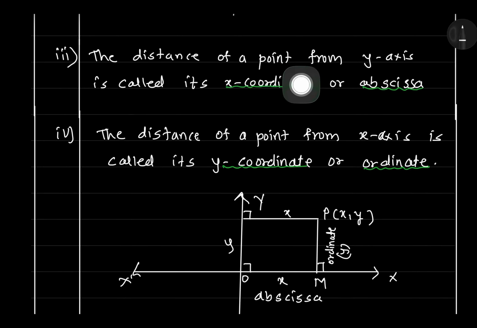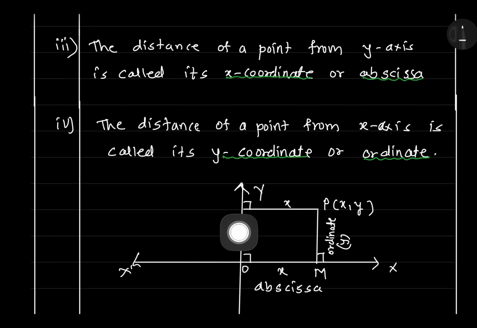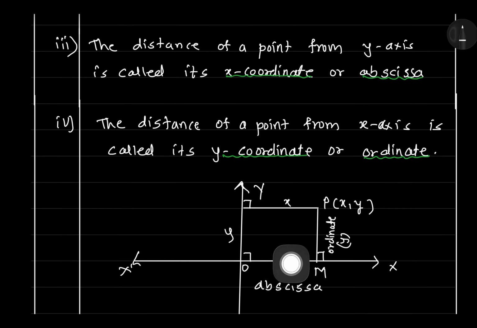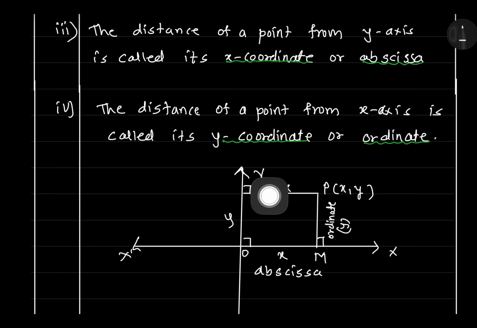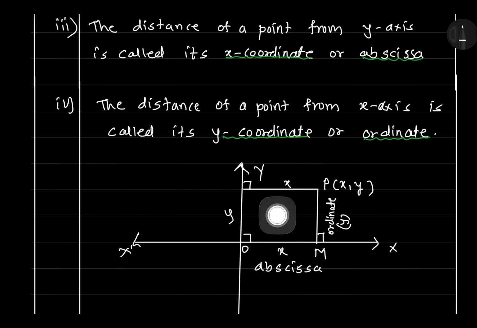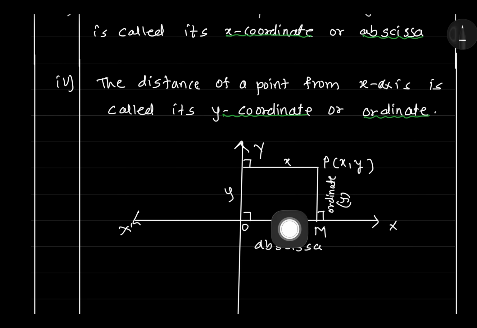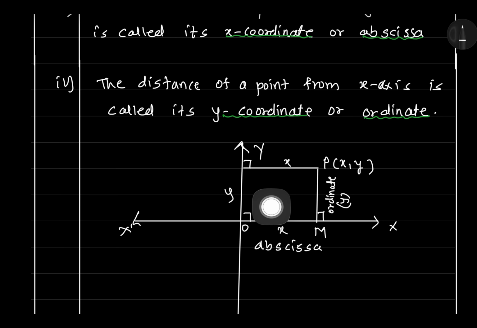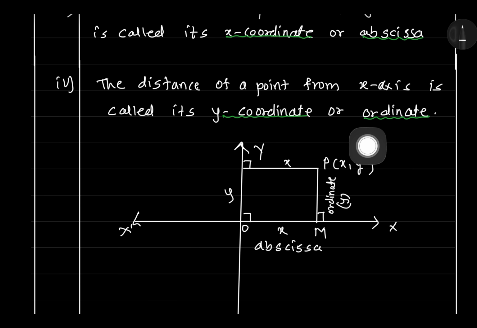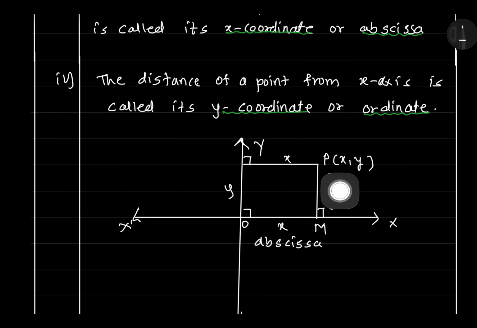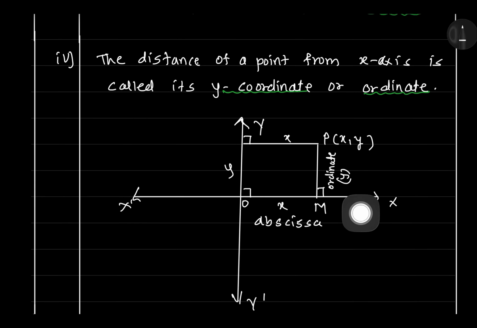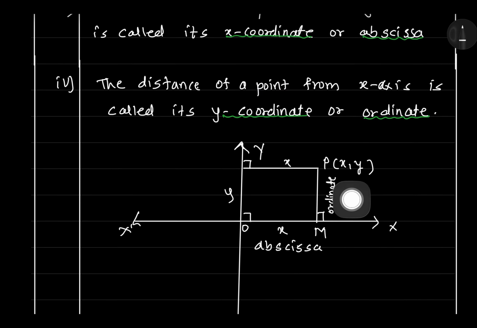Again, the distance of a point from the y-axis is called the abscissa or x coordinate, and the distance of a point from the x-axis is called the y coordinate or ordinate. For a point P(x, y), x is the number on the x-axis and y is the number from the y-axis, which we have to write.